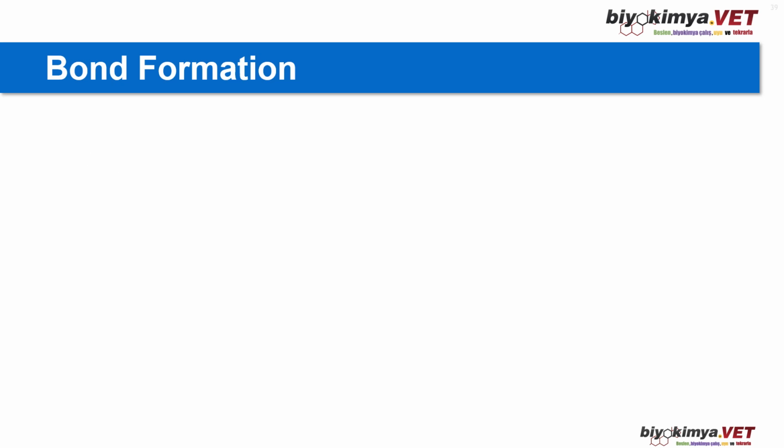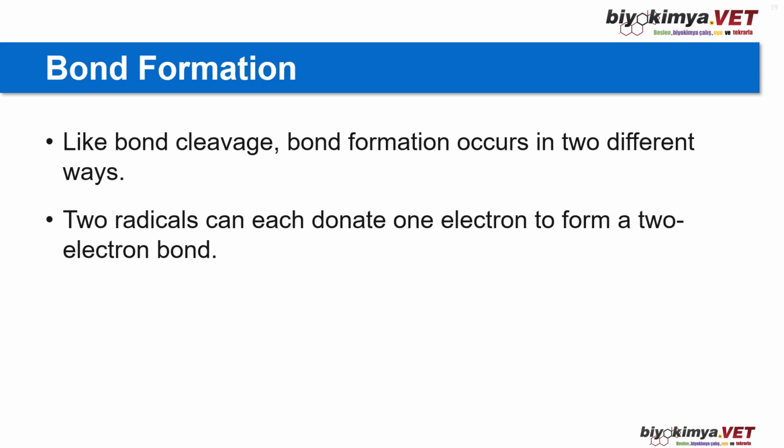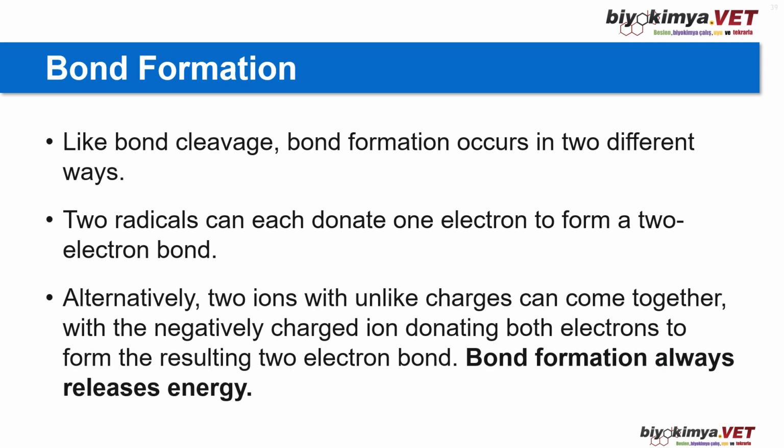Bond formation. Like bond cleavage, bond formation occurs in two different ways. Two radicals can each donate one electron to form a two-electron bond. Alternatively, two ions with unlike charge can come together, with the negatively charged ion donating both electrons to form the resulting two-electron bond.